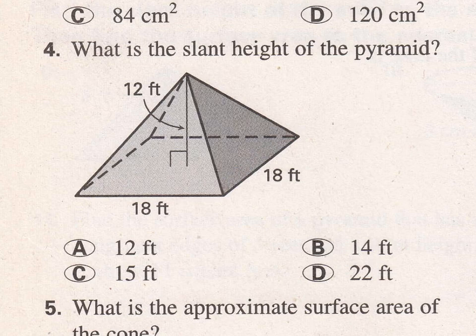Okay guys, here in number 4, we need to find the slant height, which is actually right here. And we need to make a triangle like this going out to that height. So we have to use the Pythagorean theorem, which is a squared plus b squared equals c squared. Label your sides. This would be a, so that's 12.